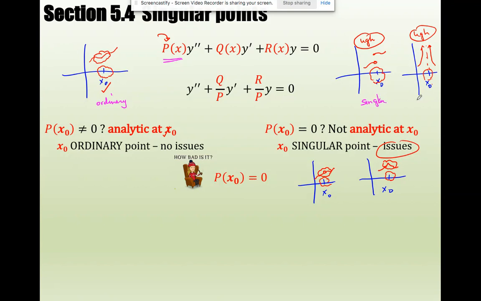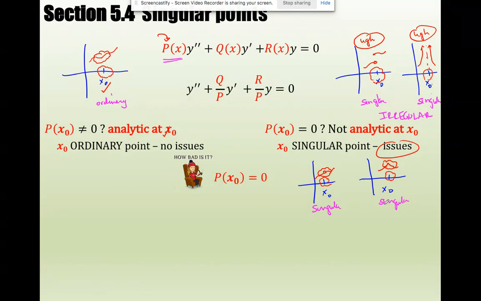X sub 0 is singular. This is an awful singularity. Awful. These are called irregular singular points.